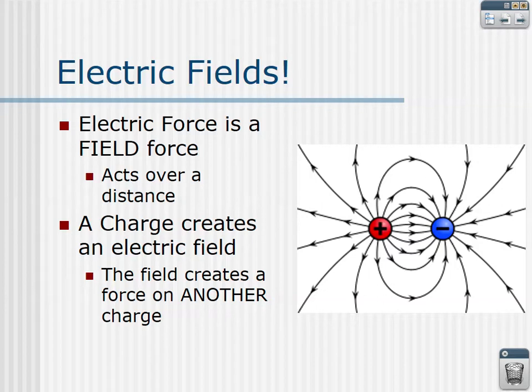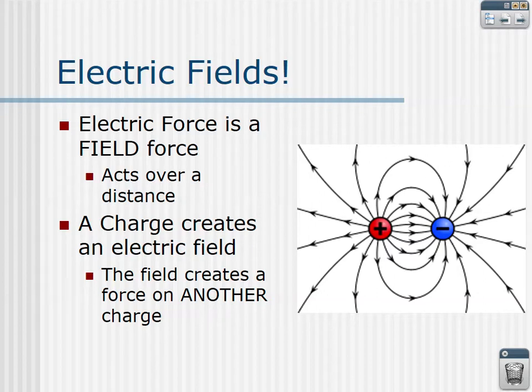Obviously, there is an electric force that's formed between two charges, and just like a gravitational force, this force is a field force, which means, again, it can act over a distance. In a similar way that mass creates its own gravitational field, an electric charge will create its own electric field by itself.